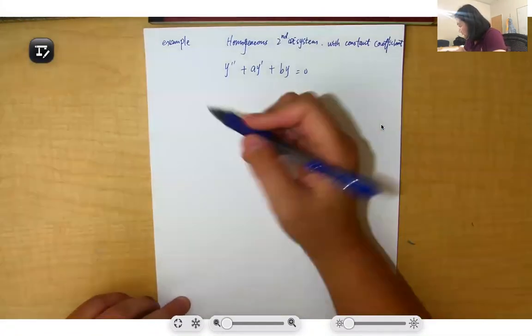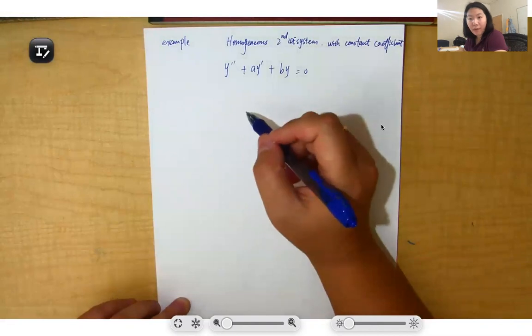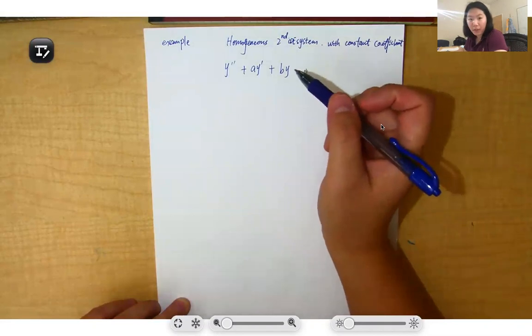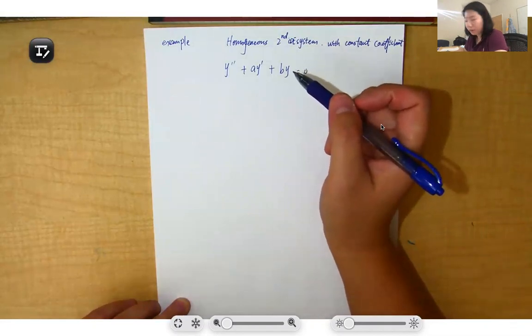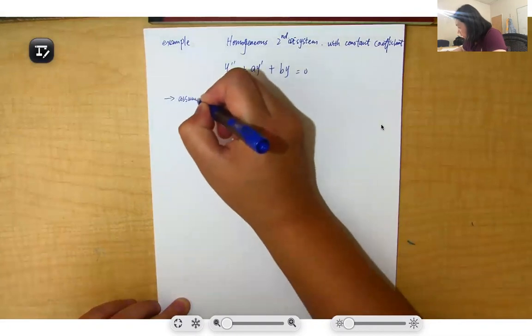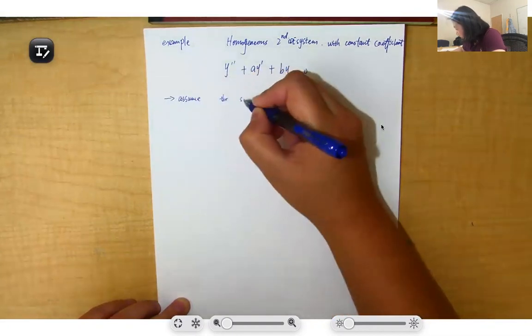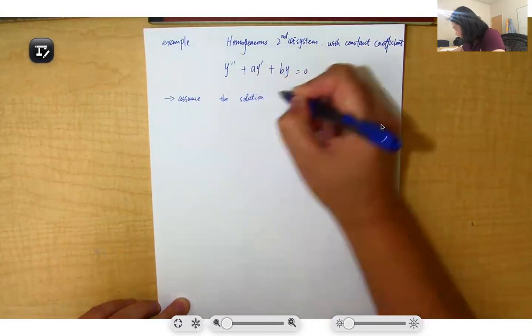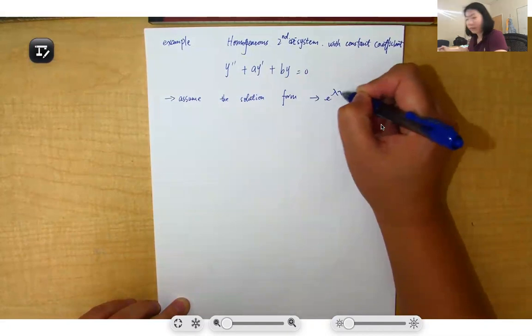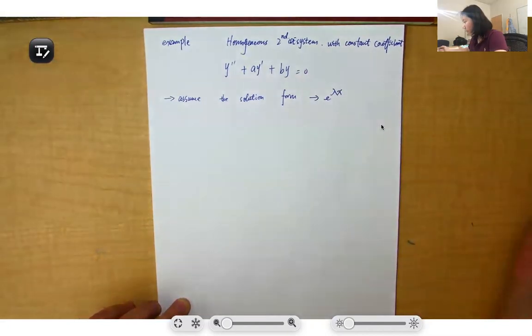Okay, and you know that for a constant coefficient homogeneous ODE, we will guess the solution with an exponential function. So we assume the solution form looks like an exponential function, e to the lambda x.